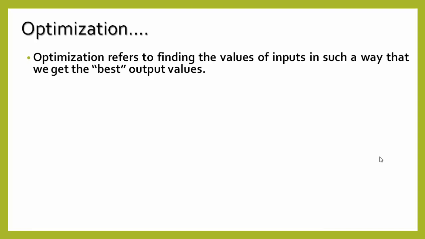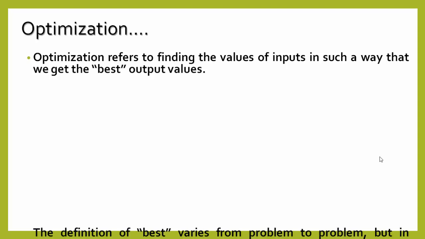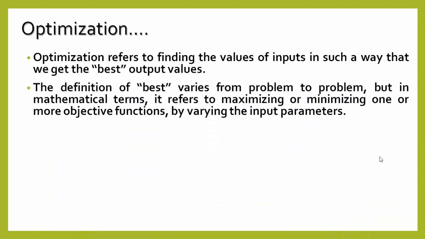Optimization is a process to find the values of inputs in such a way that we get the best output values. The definition of best varies from problem to problem. We cannot say that every time we will get the best solution for each and every problem.